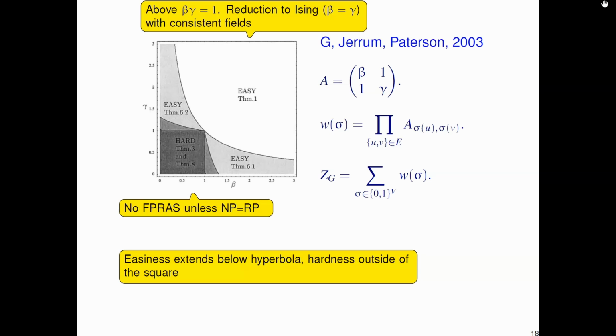But we divided the non-negative quadrant of beta and gamma into zones where you could approximate or not approximate. The first thing we noticed in this paper is that above the hyperbola beta gamma equals 1, you can approximate. The reason is that although you have 2 parameters, beta and gamma, you can shuffle them around and reduce to the Ising model, which is beta equals gamma, together with putting a field on vertices.